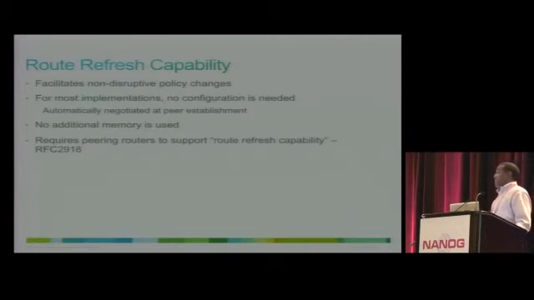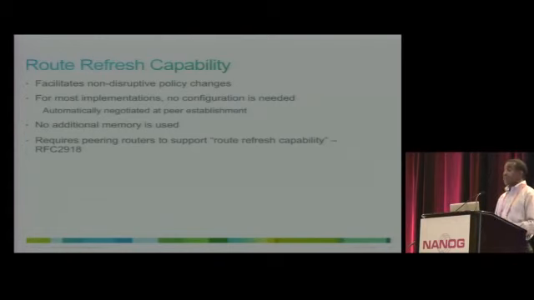For most implementations, you don't need to do any configuration. As long as the two routers are capable of doing route refresh, they will exchange the route refresh, and no additional memory is needed. But the peering routers have to support route refresh, and you have to make sure that they do.